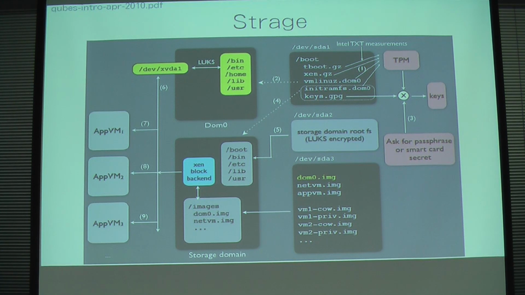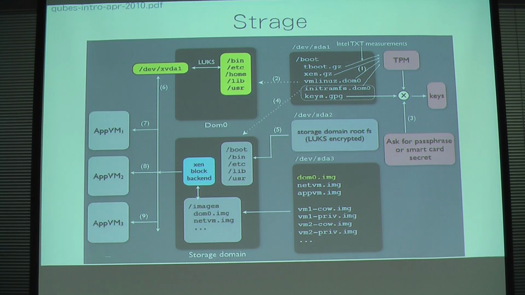And this is the threat protection of Qubes OS. First, the tamper module measures the kernels. Second, the kernels are loaded on domain 0. Domain 0 is a private domain. And third, it asks for a passphrase on a smart card secret.